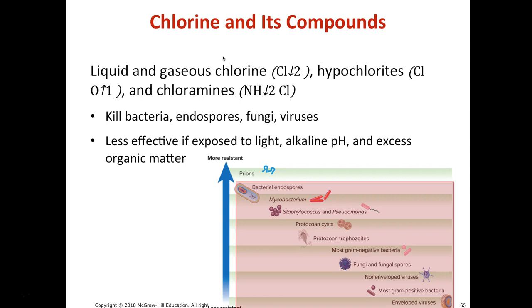What that does is it denatures the enzymes within the microbes, which halts the metabolic reactions within the cell. And of course, if it can't carry out those chemical reactions, the cell's not going to be able to thrive and it will die. You might also recognize that it is used to treat swimming pools, and it can also treat open wounds as well. We'll talk more about that in a minute.